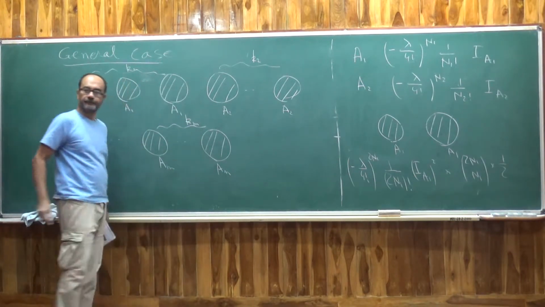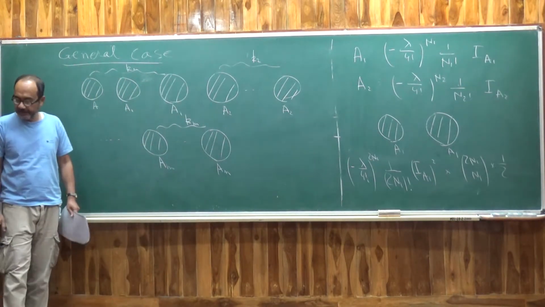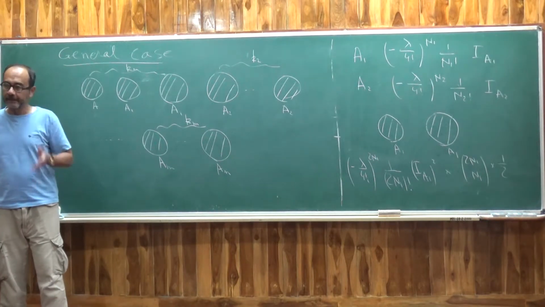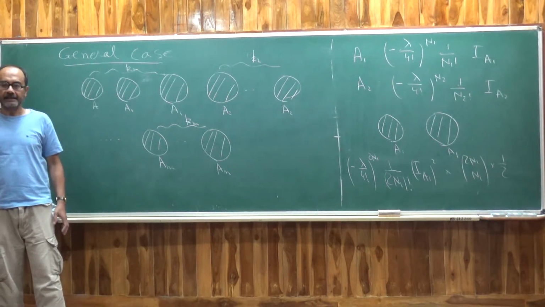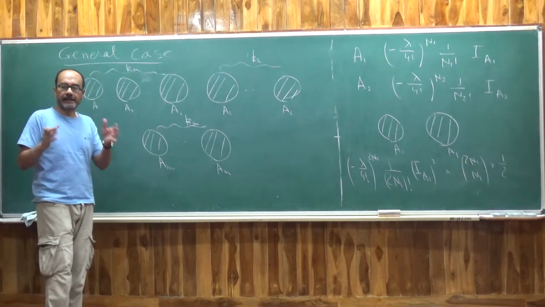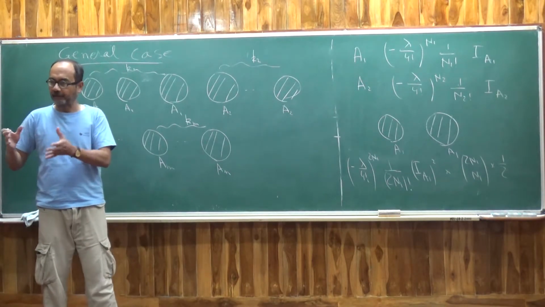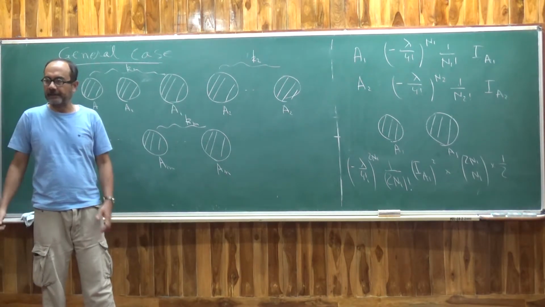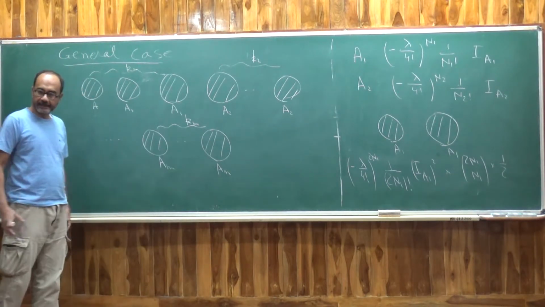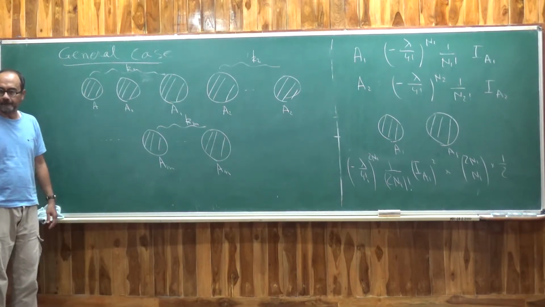This is the general case. If you have disconnected bubbles, then there is a certain number of copies of one kind of bubble, a certain number of copies of another kind of bubble, a certain number of copies of a third kind, and so on. So this is the general case, and we will do the counting.